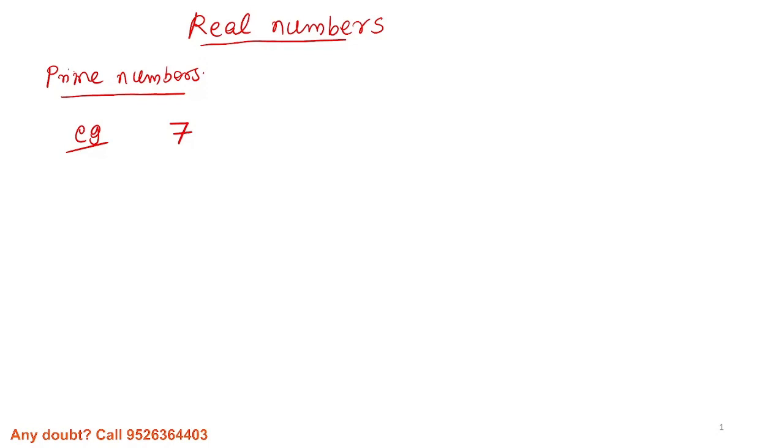Why is 7 said to be a prime number? Because 7 is divisible by 1 and 7 is divisible by 7. No other number is possible. So a number is said to be a prime number if it has exactly two factors, 1 and the same number.